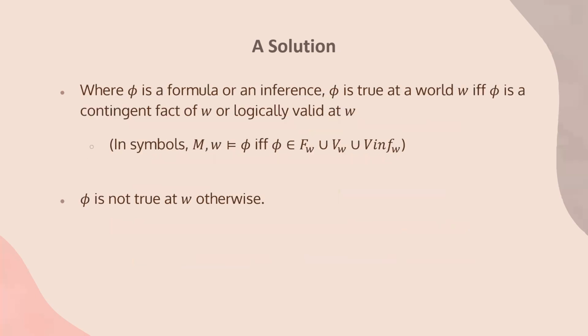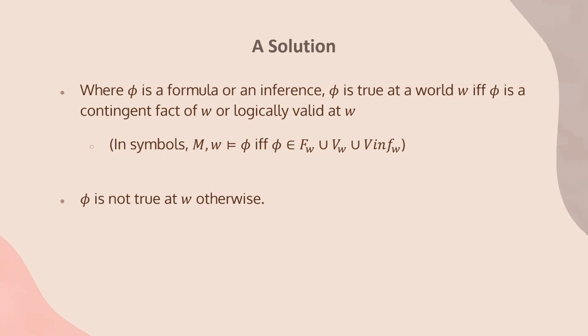So now we can actually get to the truth conditions. A formula or an inference is true at a world W just in case it is a contingent fact or logically valid at that world. And here we can see that these validity operators are not validity predicates, since a formula is considered valid at a world just in case it's contained in one of these validity sets.